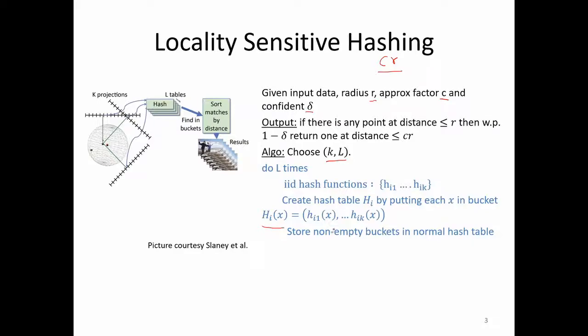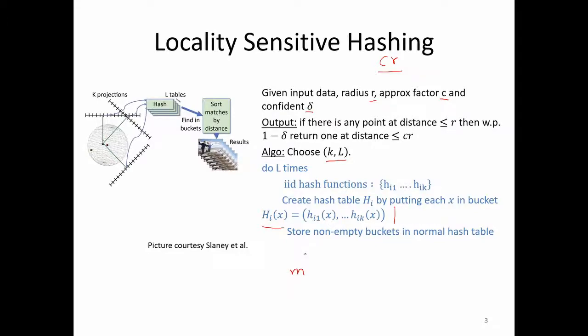So note here that you can have a very high number of hash buckets here. If you recall, suppose for each coordinate you have, let's say, m many hash buckets.